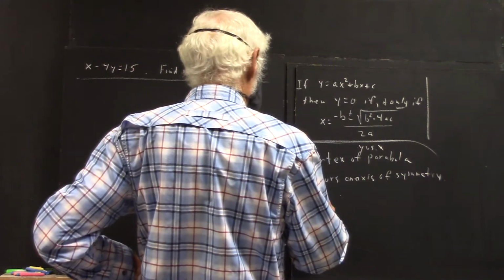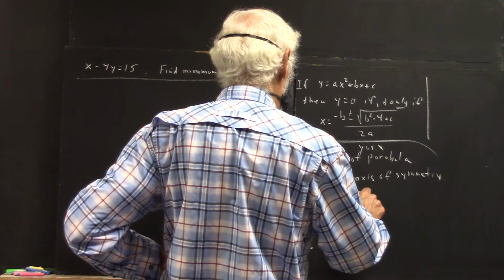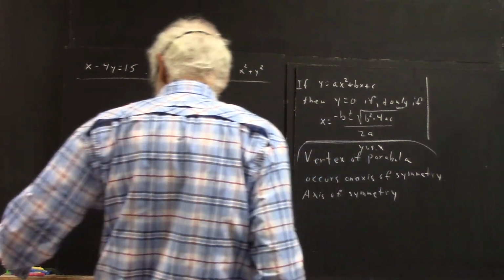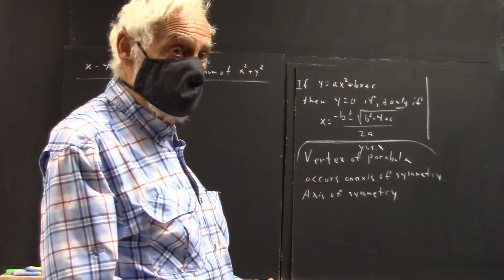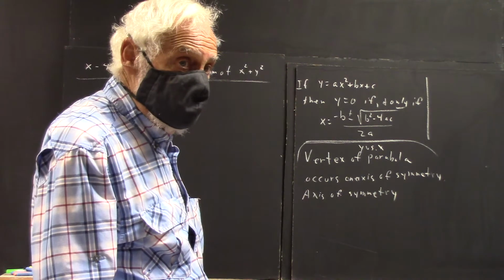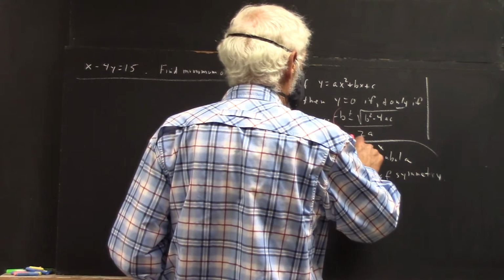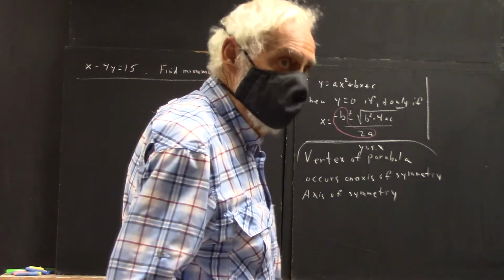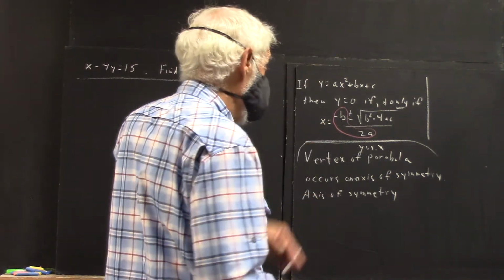And the axis of symmetry, how to find the axis of symmetry? For the reasons I've talked about, and the reasons you really want to know so you can apply it in your pre-calculus course, it occurs here.